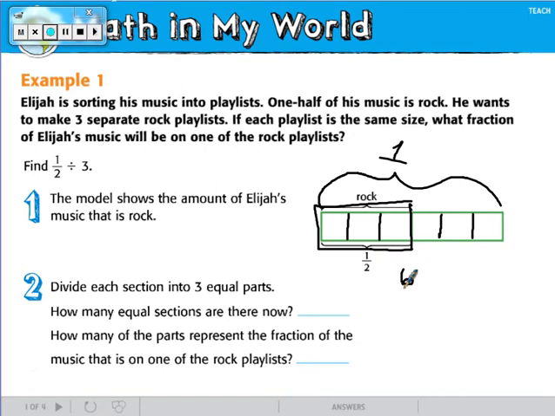Now, how many of the rock playlists do they want to know make up the part of the whole? How many of the rock playlists do we actually care about right now? 3. Oh, yeah, 3.